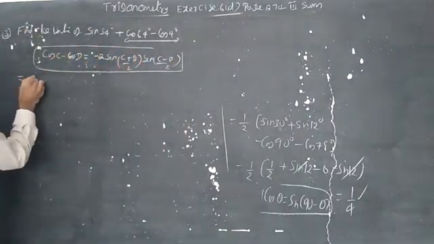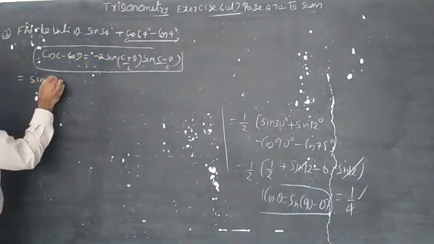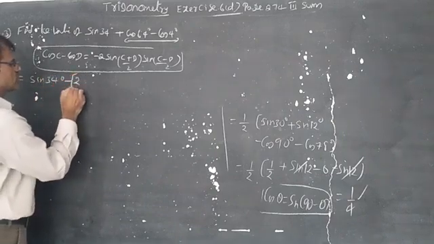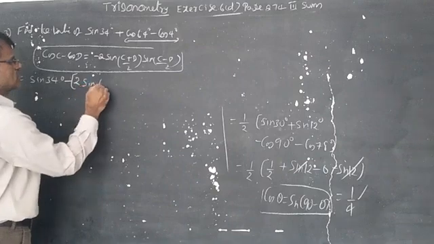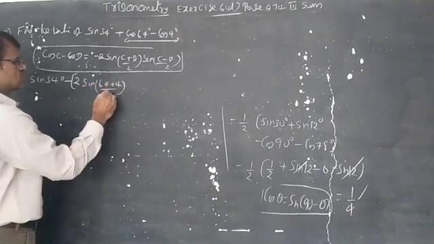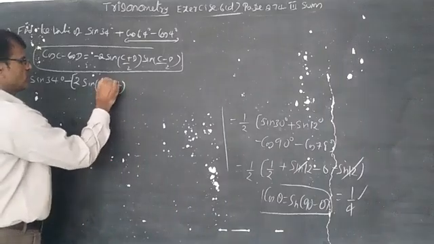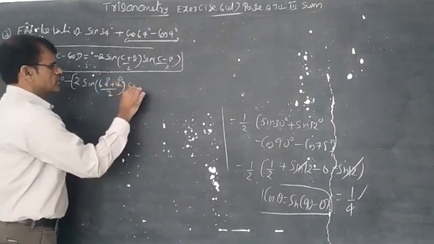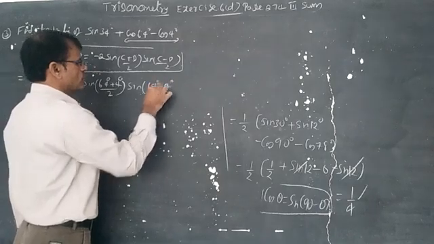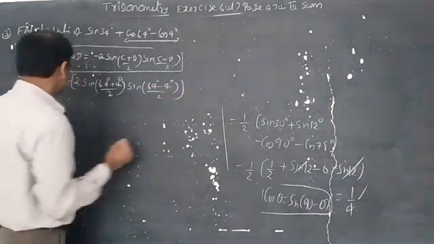That is equal to, don't change the value of sin 34, plus here minus, minus 2 sin of (64 plus 4) by 2, of course it is degrees, into sin of (64 minus 4) by 2, of course it is degrees.